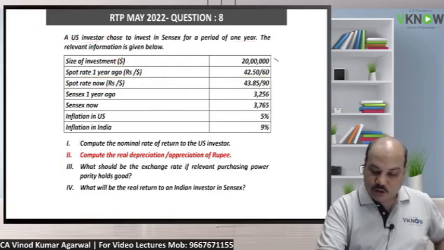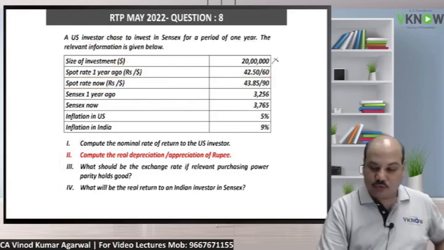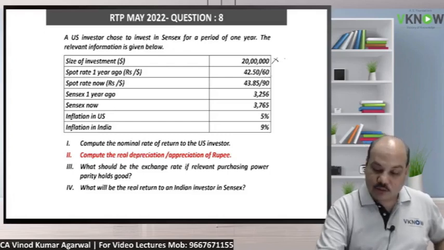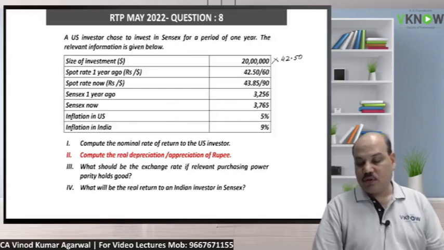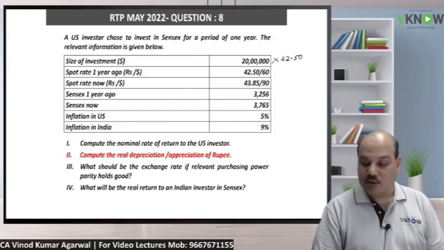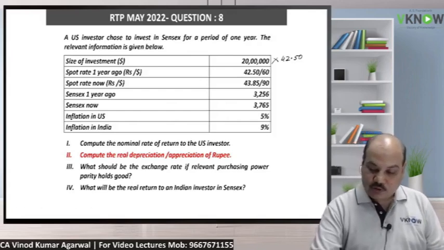He has invested 20 lakh and when he had invested the rate was 42.50 buying rate and 42.60 selling rate. He will convert dollar into rupees. So he will sell dollar, bank will buy dollar. So this will be his investment amount.